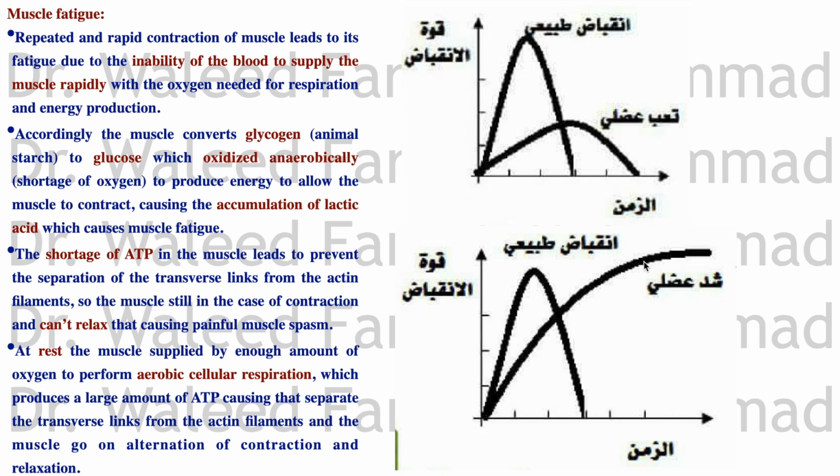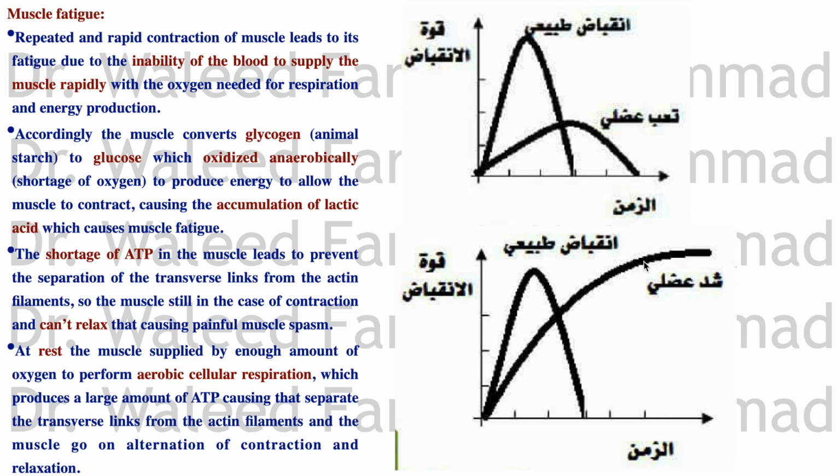Why does it happen? Because the shortage of ATP in the muscle leads to prevention of the separation of the transverse links between the actin and myosin. So the muscle still in case of contraction and cannot relax. I told you before, contraction needs ATP and relaxation needs ATP. Okay?